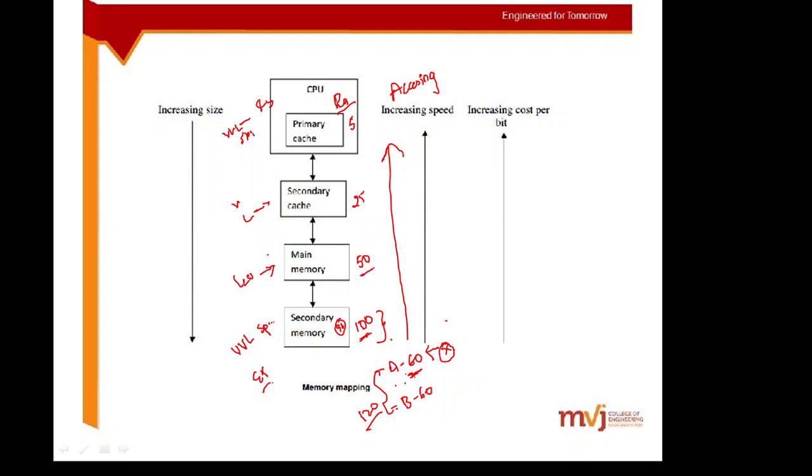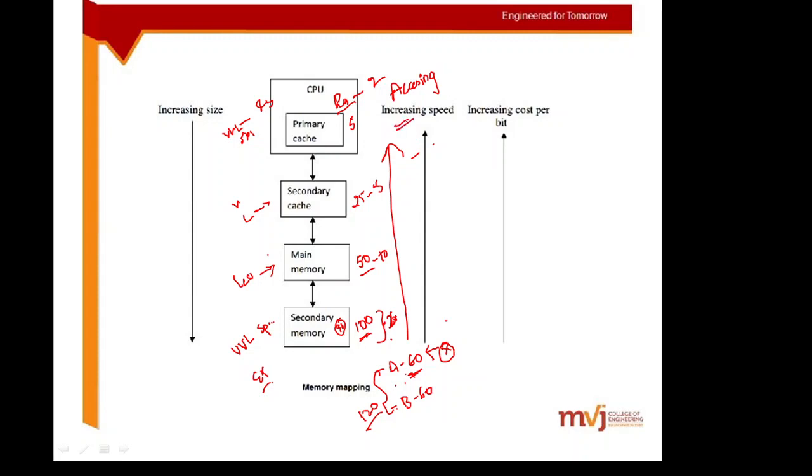But when it comes to 50 instructions, if I have taken 20 minutes to find my task there, here I can find it in 10 minutes only. When it comes to the cache memory, I can find it in 5 minutes. When it comes to the registers, I can find it in 2 minutes. So when we are going up, the accessing speed is going to increase.